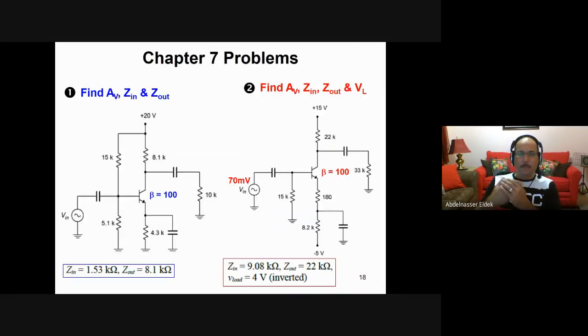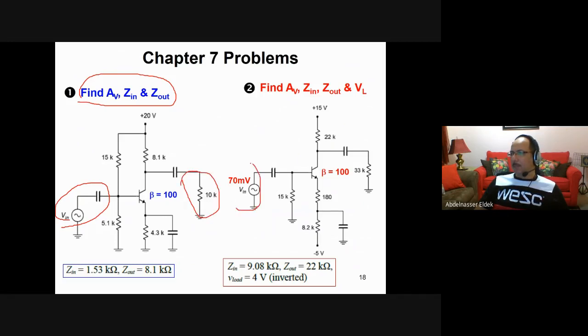Next, we'll have some problems, examples similar to the examples that we solved. This one is about common base, where we have a voltage here and voltage here. So this one is different from this one. Here's the source, the input is here, the output is here.